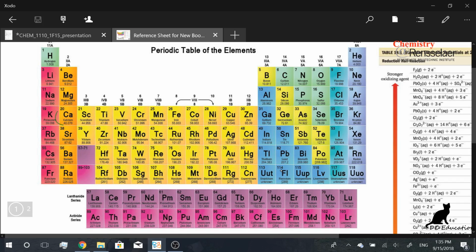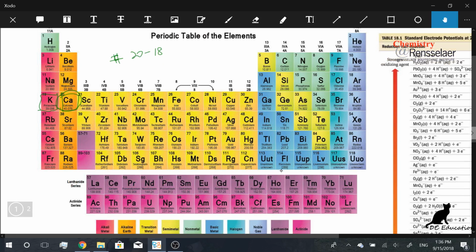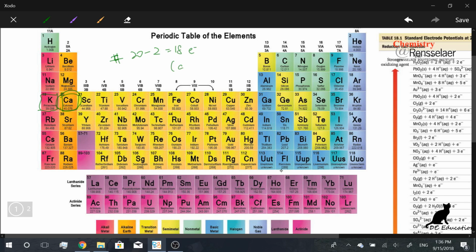You can see calcium is over here, and it has 2 valence electrons. The way to calculate the core electrons is 20 minus 2, which gives us 18 core electrons.